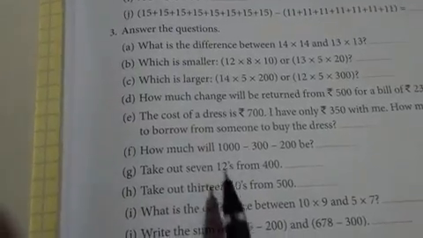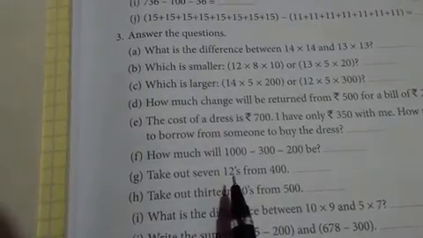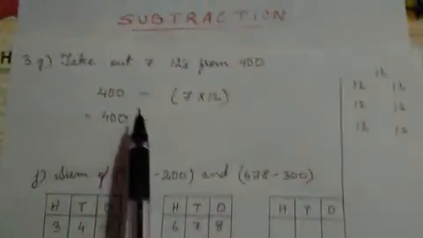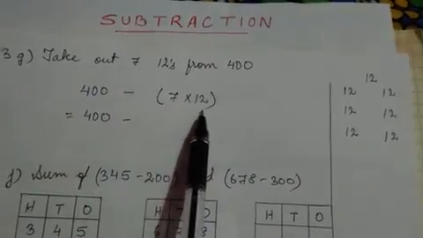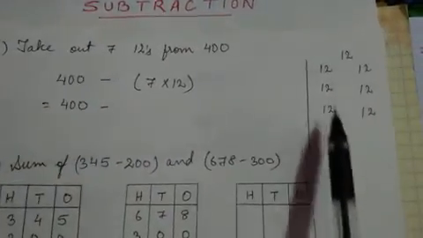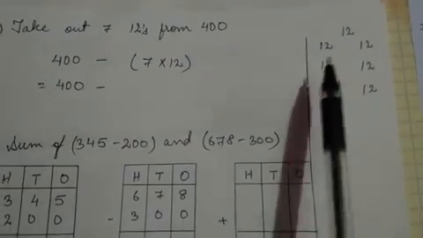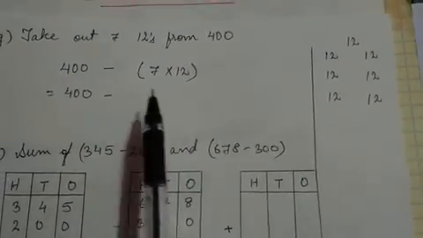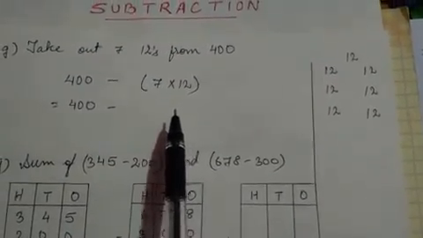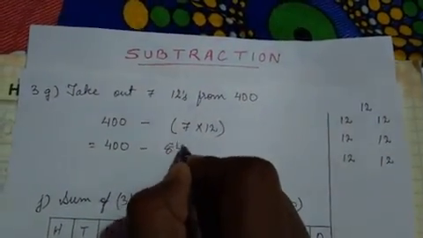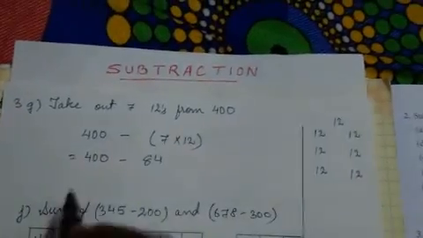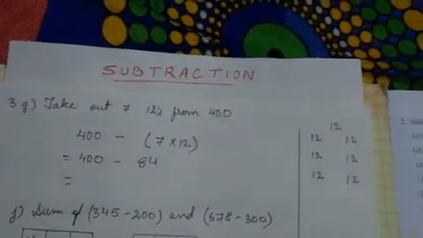You have to subtract 7 12s. It means we have to take 7 12s from 400. Okay, 12 has been given 7 times. So it means 12 into 7. If you know the table of 12, you'll be able to solve. This is 84.